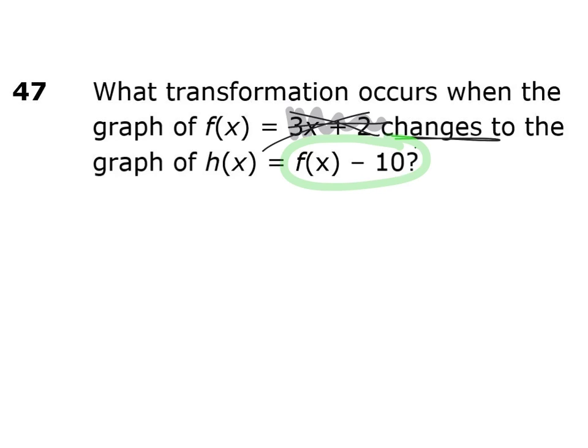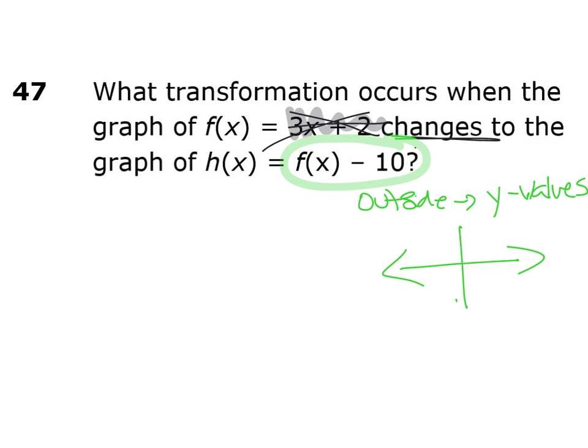So when we look at this transformation, we're noticing we are subtracting and it's outside, which means we're affecting the y values. Once again, when you're looking at a graph, you're looking at the coordinate plane, x-axis and y-axis. The y-axis goes up and down, which means you're changing this by moving up or down.